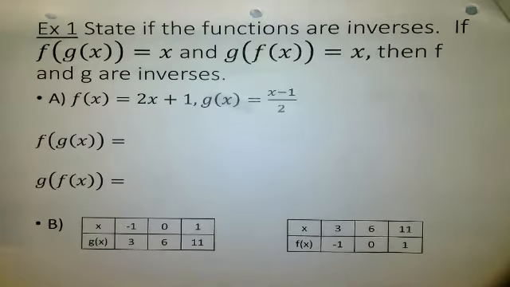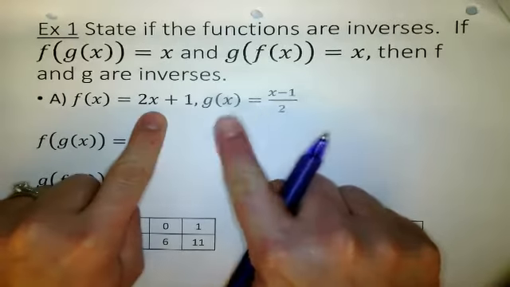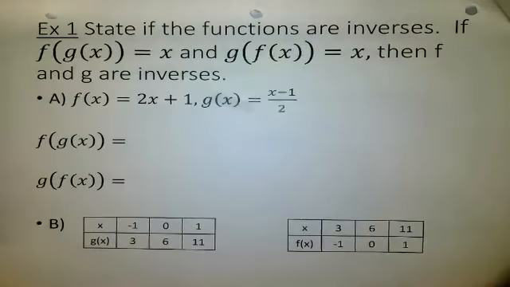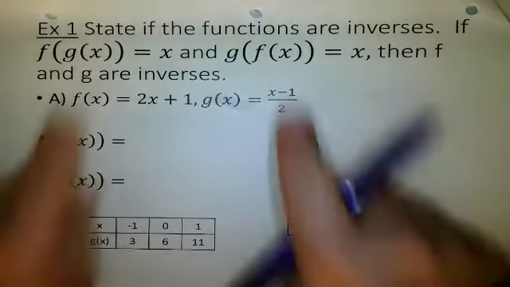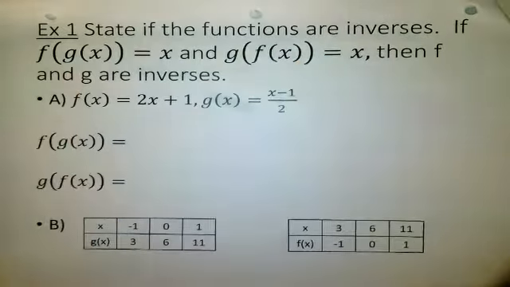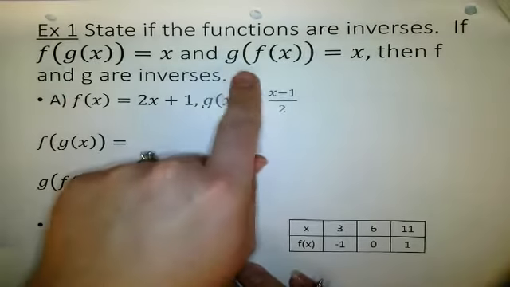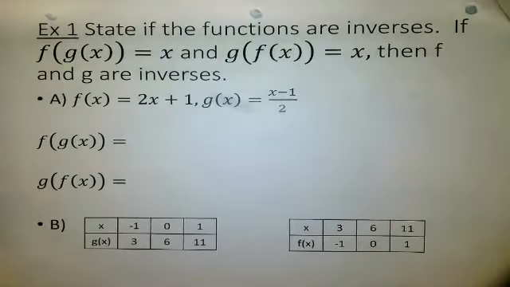All right, so we want to state if the functions are inverses. They're giving us two functions, f and g here, and we want to decide if they're inverses. To do that, this is how we prove it. We do f of g of x, and we do g of f of x. And hopefully everything will simplify really nicely, so that we just get x's out.